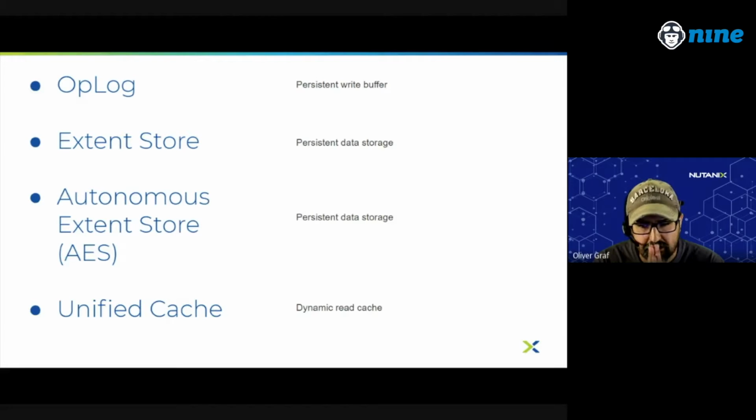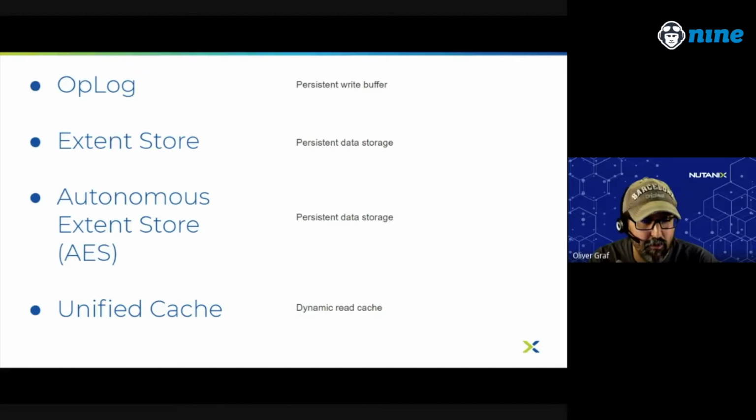So let's talk about the oplog, actually. Oplog, extent store, autonomous extent store, and the unified cache. So the oplog is actually similar to a file system journal and is built as a staging area to handle bursts of random writes, coalesce or actually merge them, and then sequentially drain the data to the extent store. The oplog is synchronously replicated to n number of other CVMs' oplogs before the write is acknowledged, for data availability purposes.